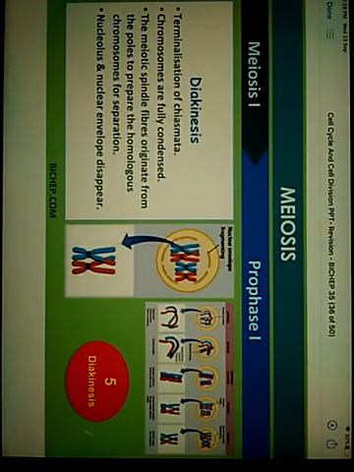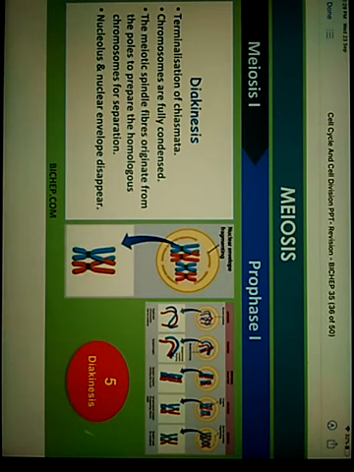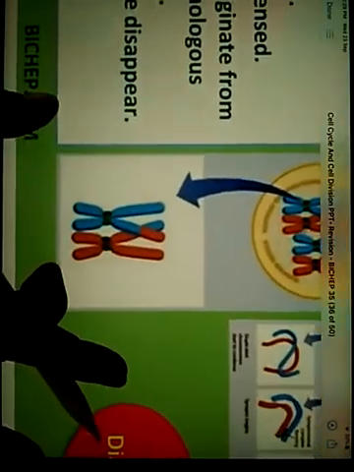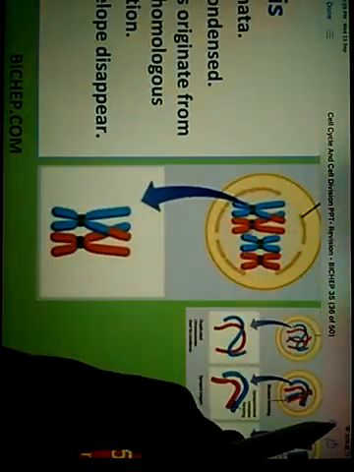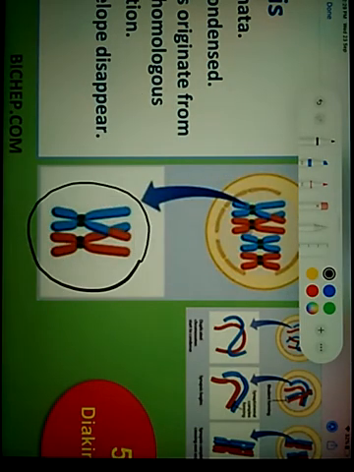And the last one is diakinesis. In diakinesis, if you see, the chromosomes are completely set apart from each other and settle down for further process. Ready?